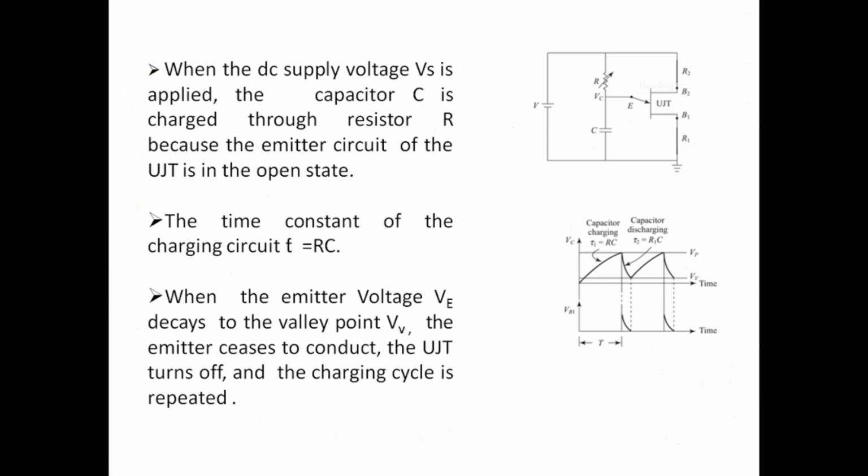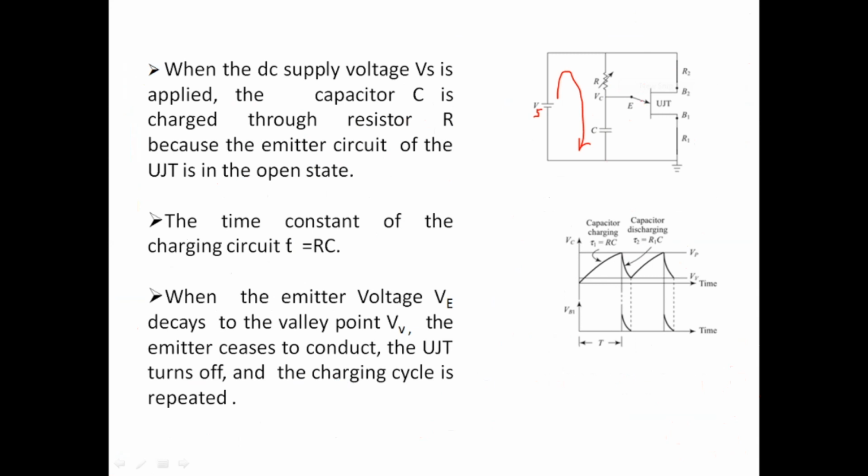Here a resistor is connected, a capacitor is connected here, it is an RC circuit, and the supply we have shown here; you can call this VS from here onwards. So when the DC supply VS is applied, the capacitor C is charged through resistor R because the emitter circuit of the UJT is in open state. When you connect a supply like this, the capacitor will charge, because current won't flow here as the UJT is not on now.